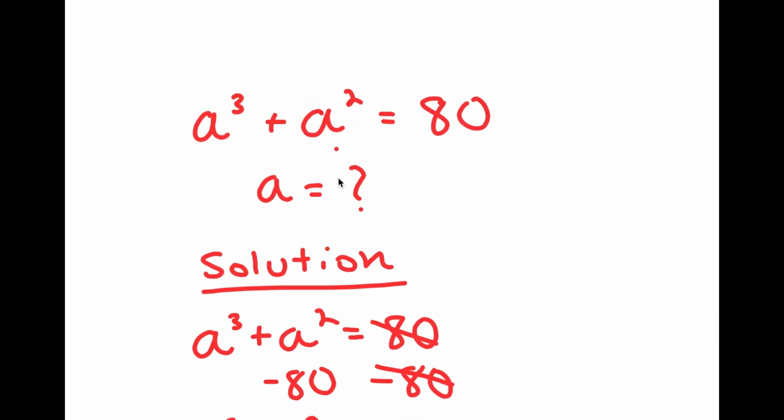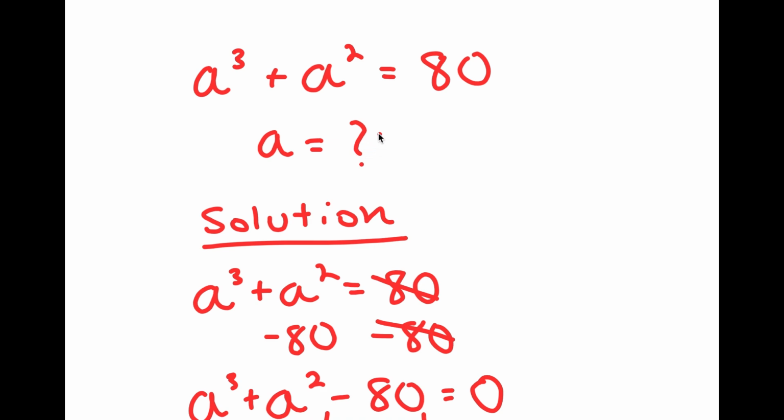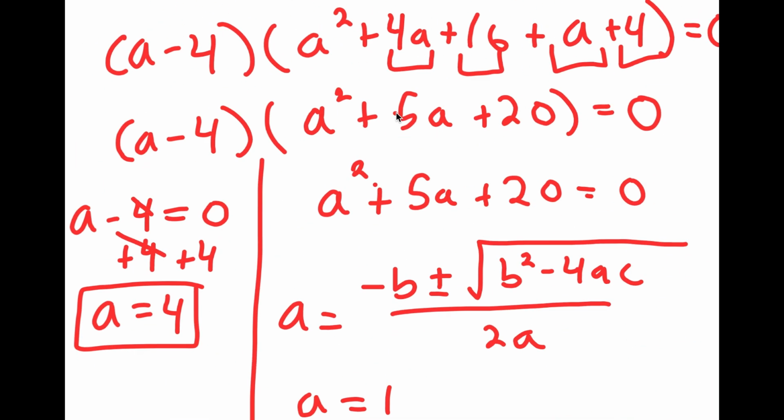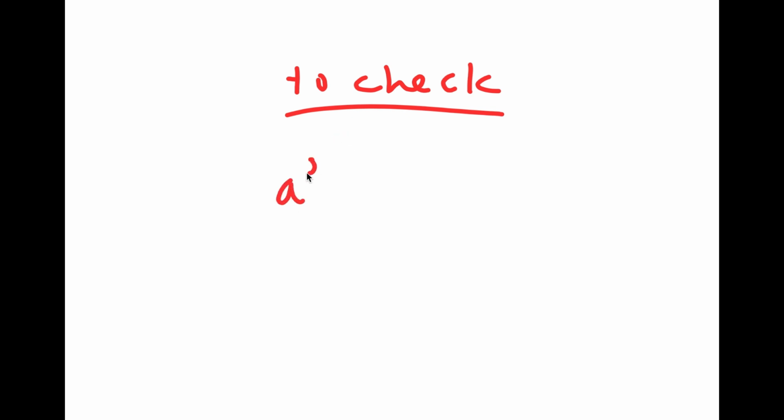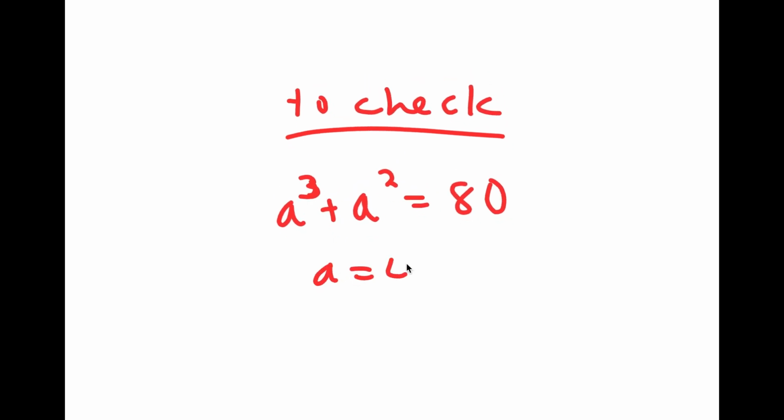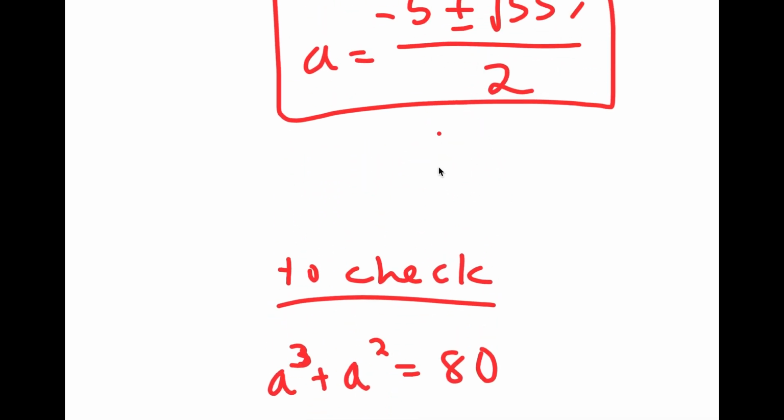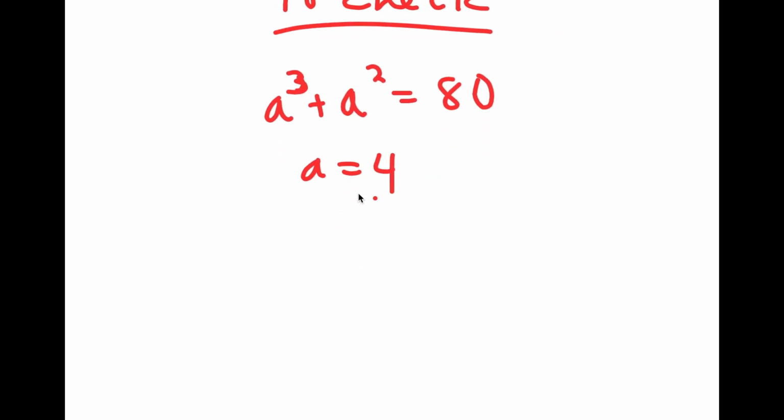Now my final step in solving this equation is to check to see if my answer is right. My equation is a to the power of 3 plus a squared is equal to 80, and we got that a equals 4. We can't check our imaginary solutions, so we can only check our real solution.